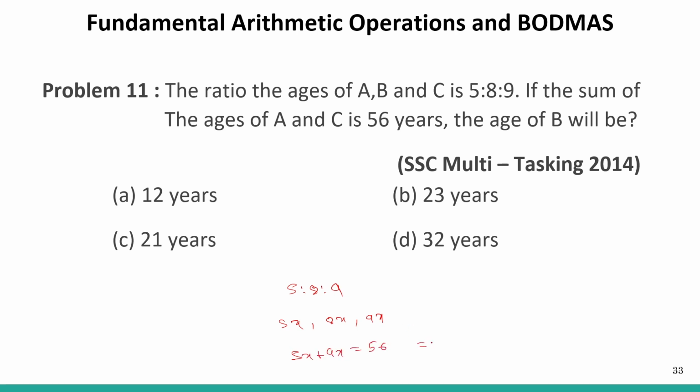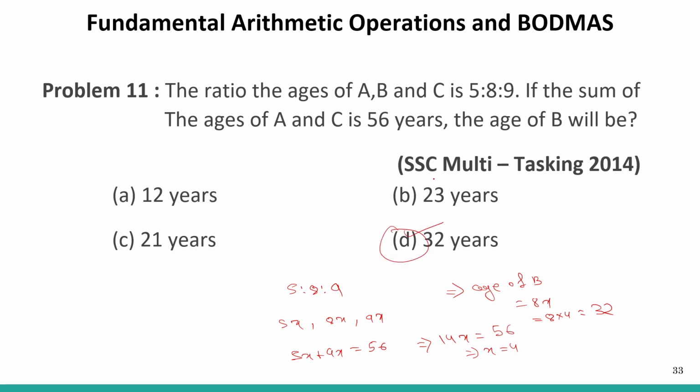So this implies that 14x is equal to 56. This implies that x is equal to 4. So the age of B is equal to 8x, that is 8 into 4, which is 32 years old. So B is 32 years old.